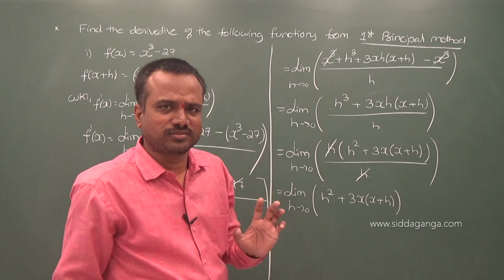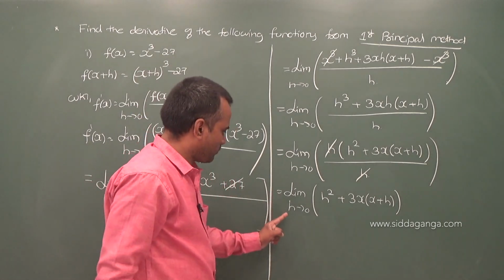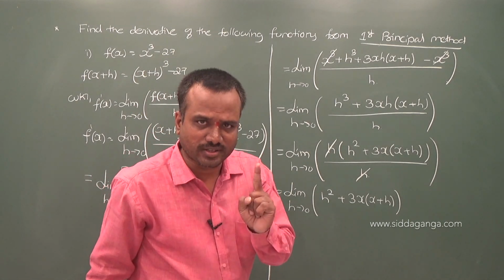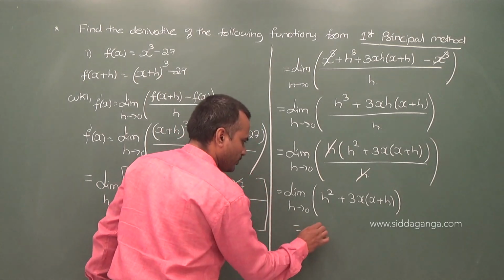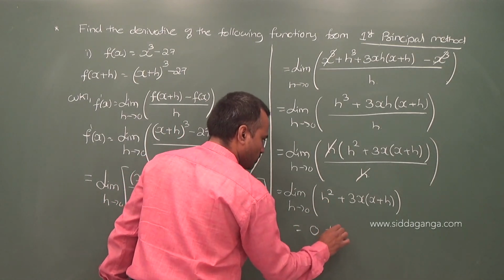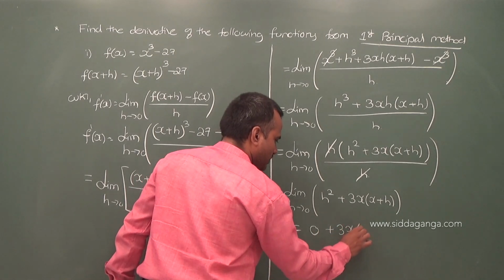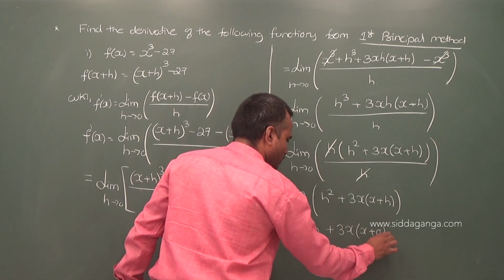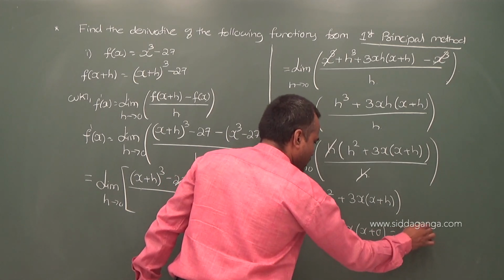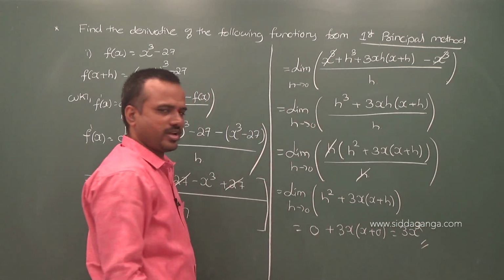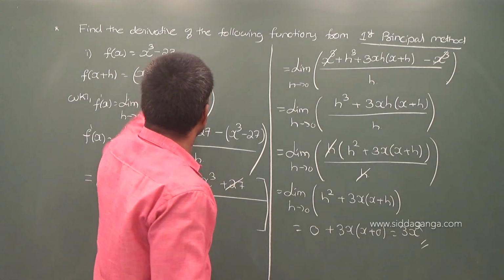Only that. The next step: wherever h is present, substitute 0. 0² is 0, 3x(x+0). So the answer is 3x·x, 3x².